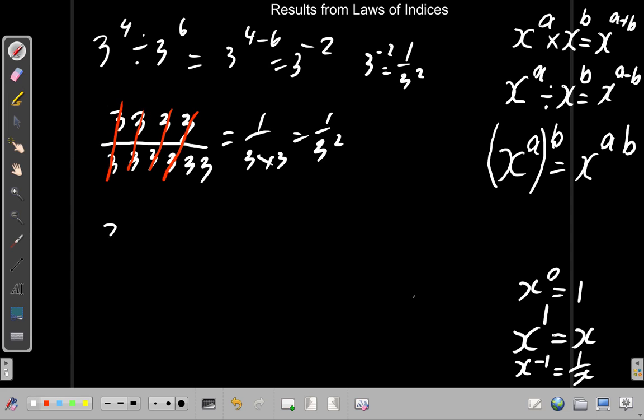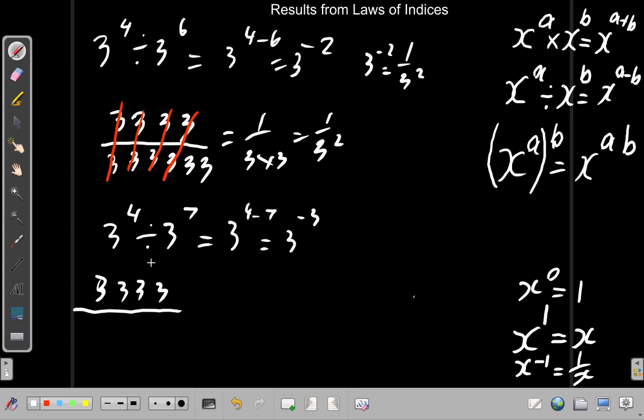Suppose we have 3 to the 4th divided by 3 to the 7th. This would give 3 to the 4 minus 7, which is 3 to the negative 3. But what is that? 3 to the 4 means you have 4 3's up top divided by 3 to the 7, which means you have 7 3's down the bottom.